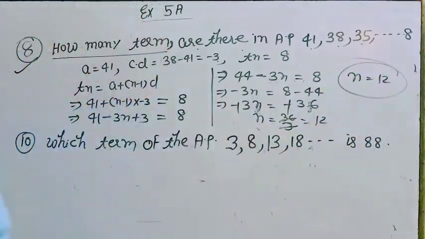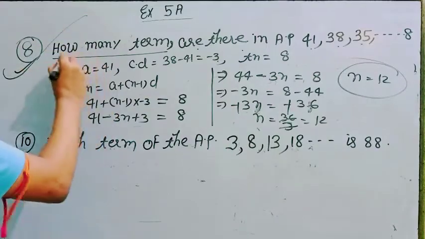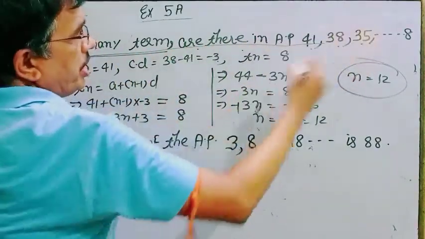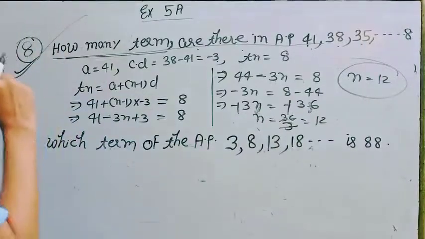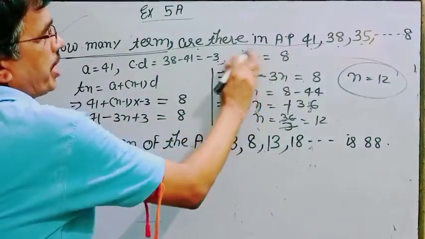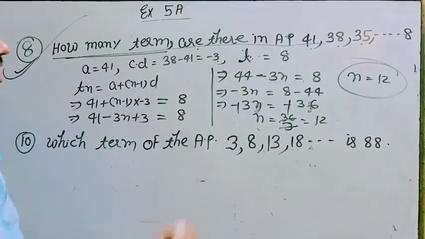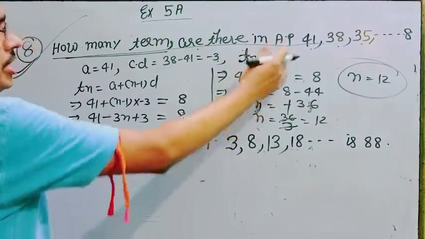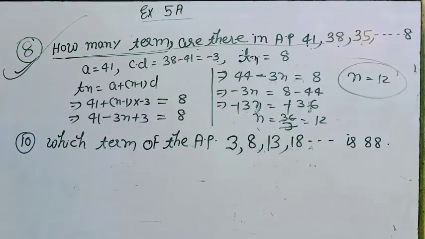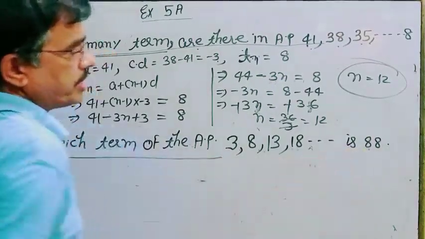This is your first question, question number 8, how many terms are there in an AP if the last term is given. This last term is also denoted by L. Other names are Tn and An, and it is also called the last term, that is N. Similarly, in the next question, which term of the AP is 88?